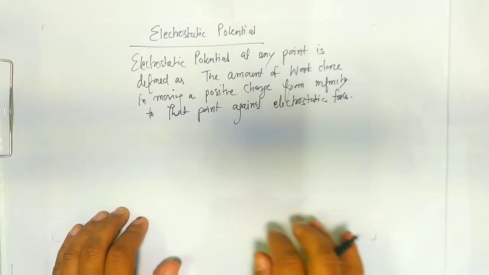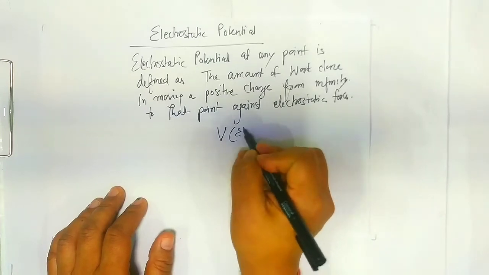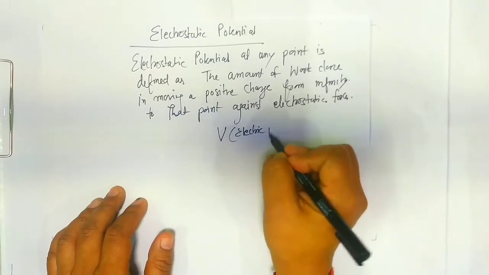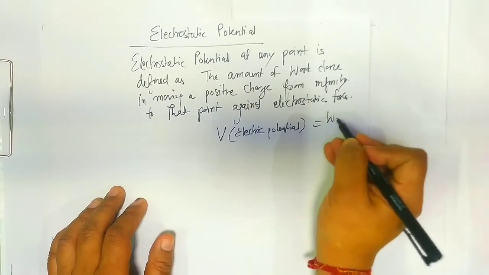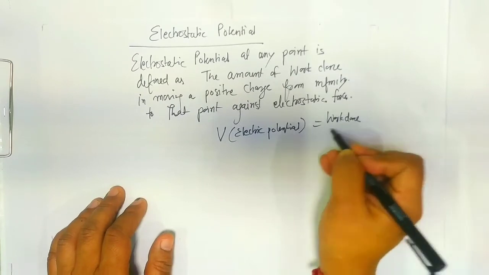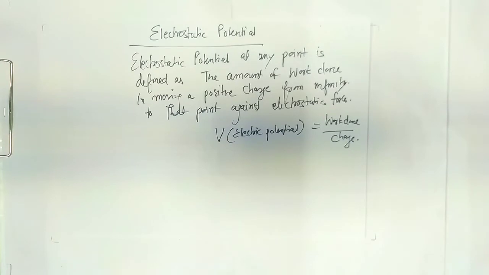So ultimately, if V is the electric potential at any point, V will be work done upon charge. This is how we define the electrostatic potential.